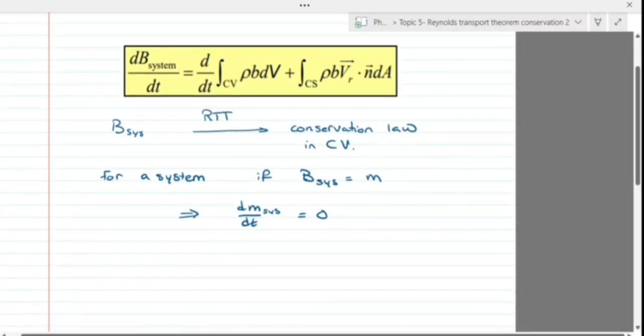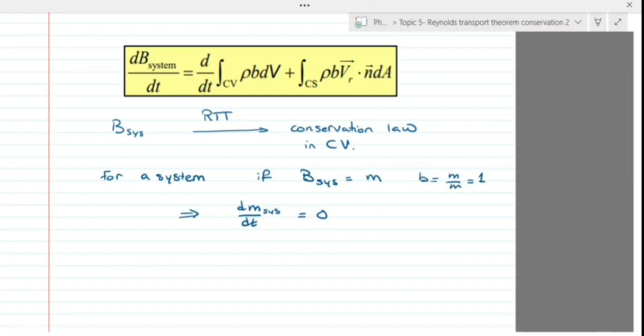And if we actually just substitute this into Reynolds transport theorem, which we have up here, first of all, capital B is the mass of our system, like we said, and then small b, which is the intensive property corresponding to the mass, is going to be m over m, which is just 1.